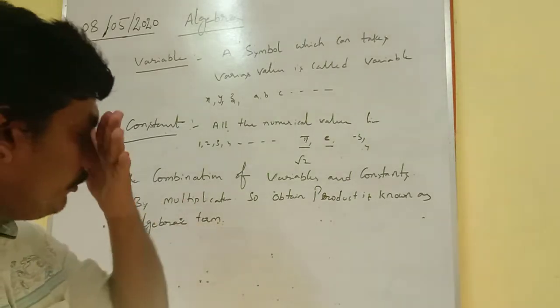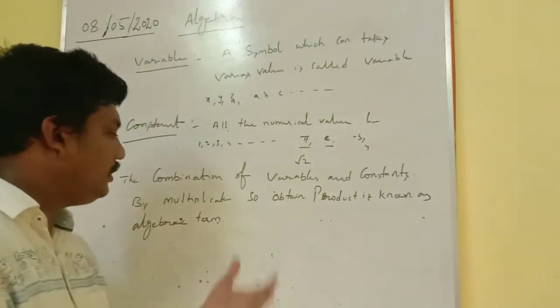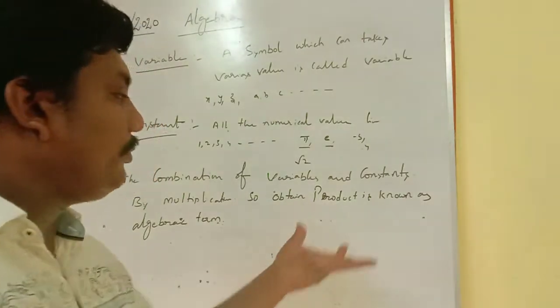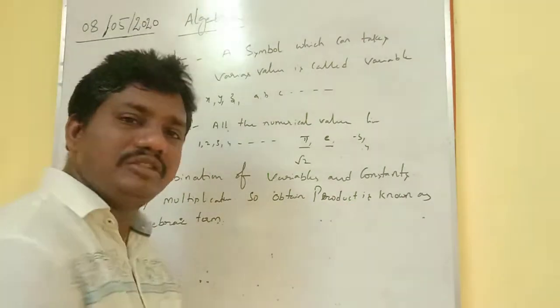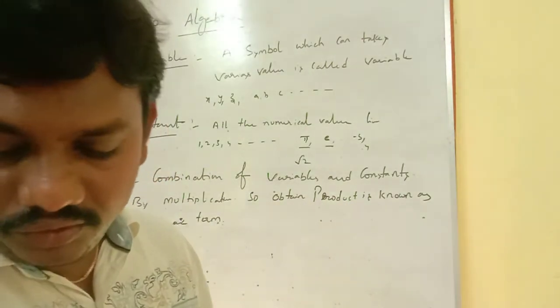The combination of variables and constants by multiplication gives algebraic terms. The obtained product is known as an algebraic term.